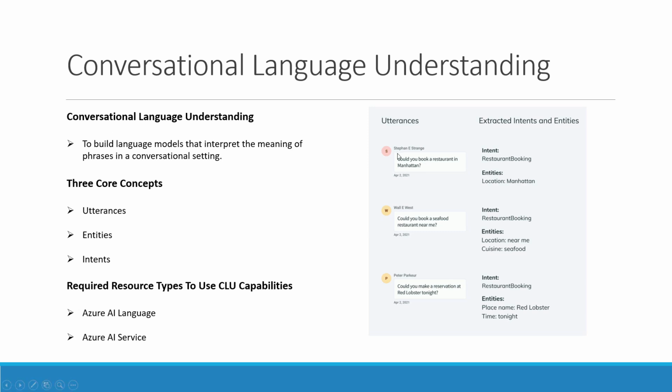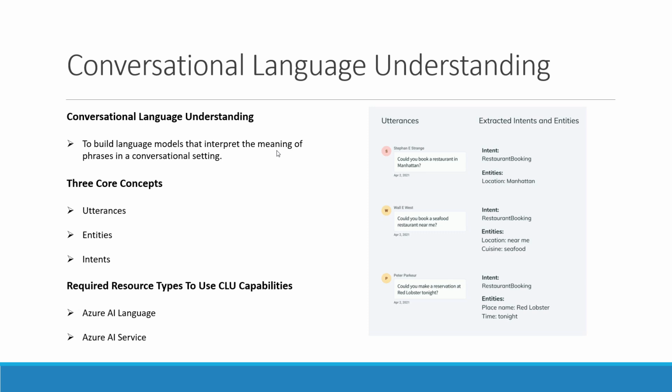Okay, so now let's see the example here. Could you book a restaurant in Manhattan? This is an input that the user can put into chat applications. That is considered an utterance. So the input which the user gives is considered an utterance. An utterance is something the user might say and which your application must interpret.